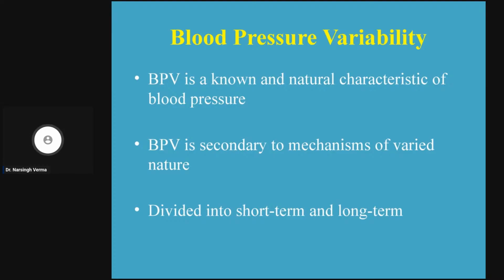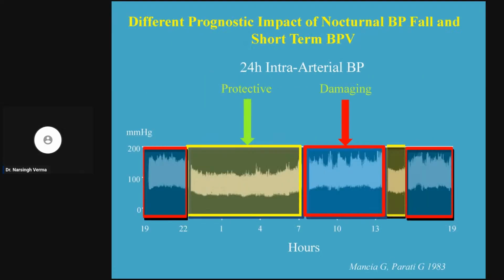Blood pressure variability is secondary to mechanisms of varied nature, which I have already talked about, and it is divided into short term and long term. Short term we have talked about, and now I will talk about long-term variability.